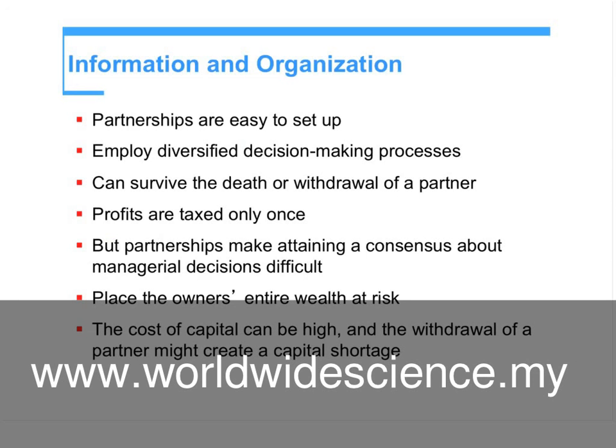And then the cost of capital can be high, and the withdrawal of a partner might create a capital shortage. When one owner withdraws his wealth or passes away, that capital would be lost in their company.